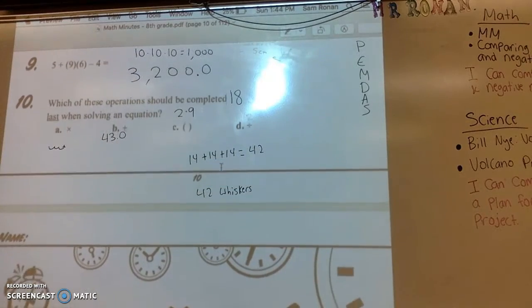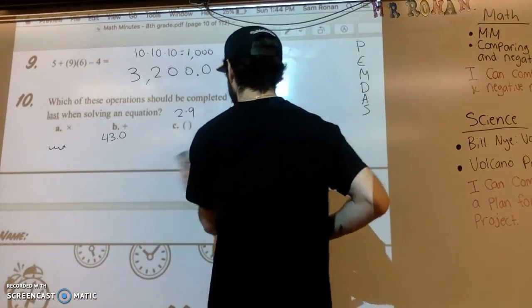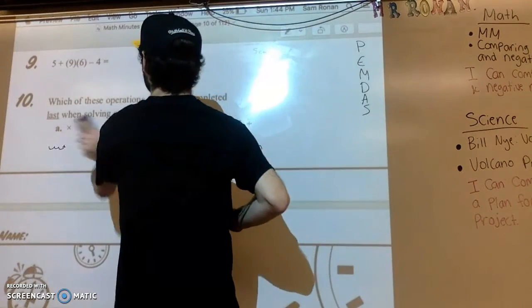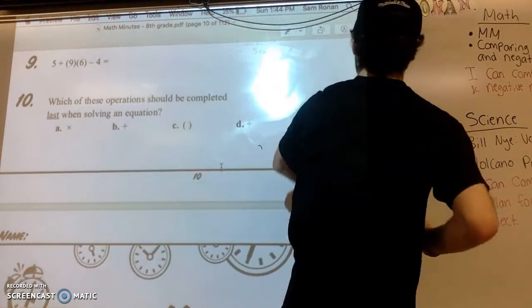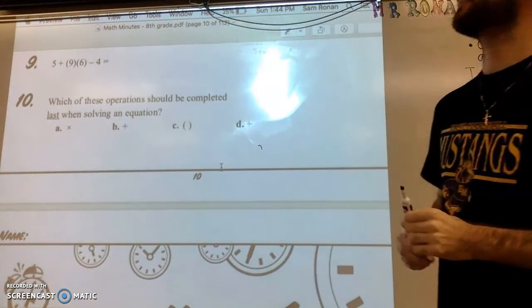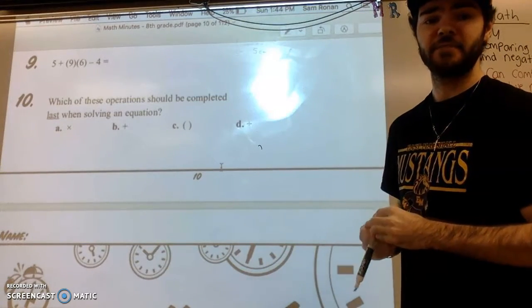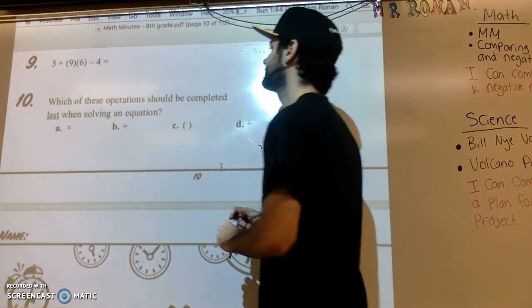All right, number 9 and 10. We're making good time here. Number 9, we have 5 plus parentheses 9 parentheses 6 minus 4. Okay, take care of parentheses first. 9 times 6.